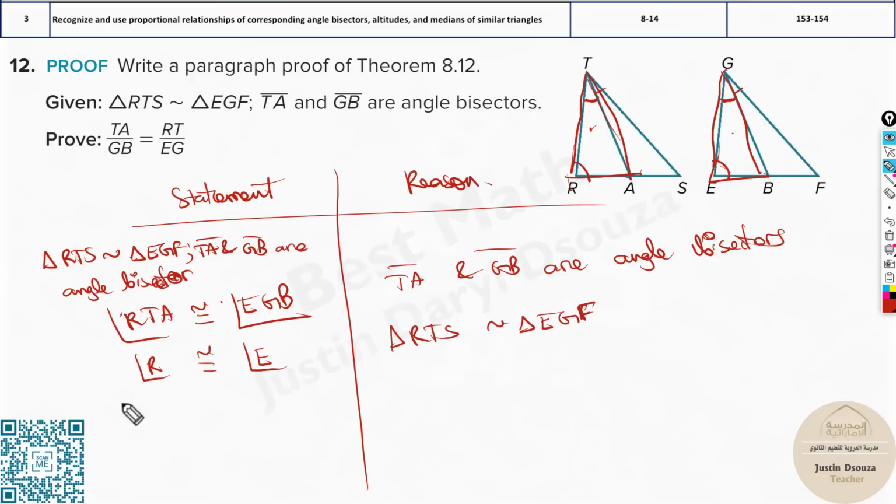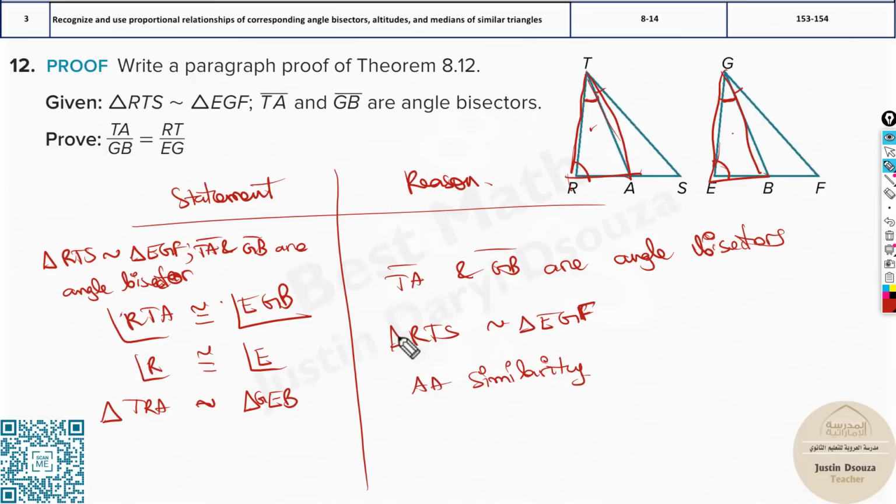Now I can directly tell that triangle TRA is similar to triangle GEB. I've used TRA, that means I've used GEB. Why? From AA similarity, angle-angle similarity. So that is done.